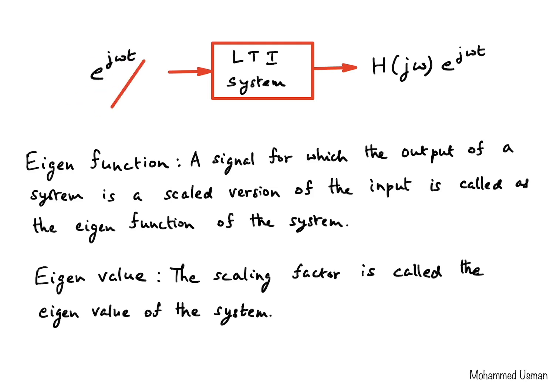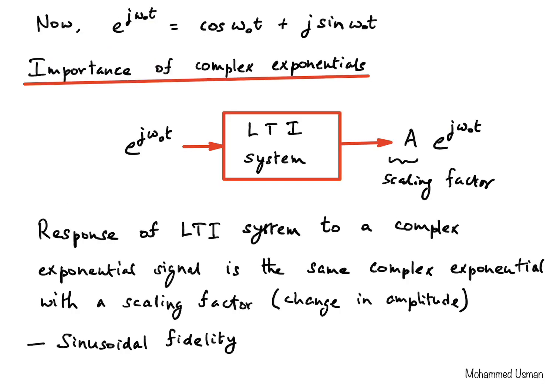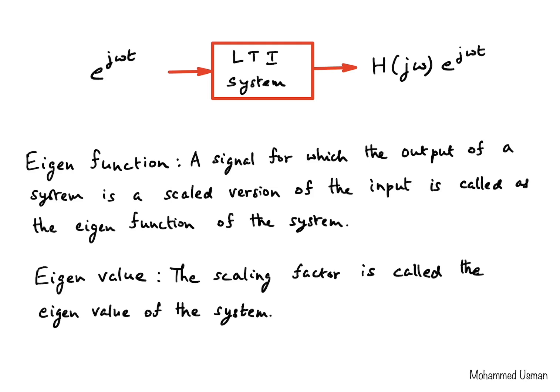If we apply a complex exponential e power j omega t to an LTI system, the output is also a complex exponential e power j omega t with some scaling factor, which we previously wrote as a, but now I have written it more specifically in the correct notation as h of j omega. The scaling factor is denoted as h of j omega, and that's a complex scaling factor. That means it's a complex number.